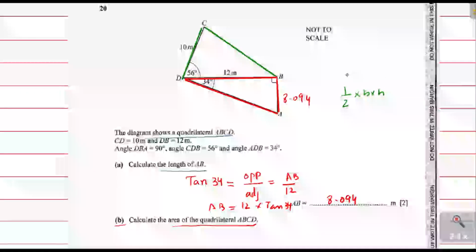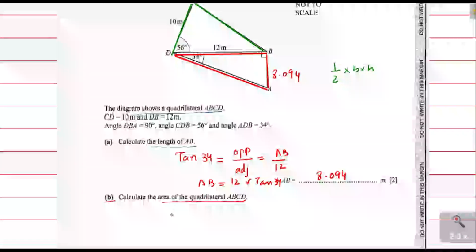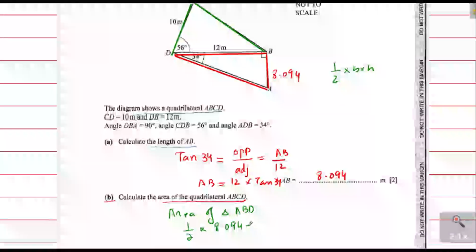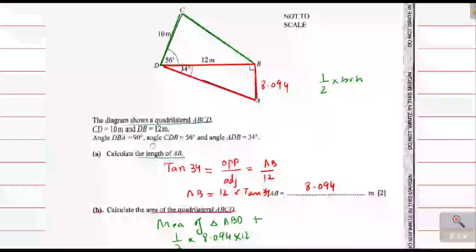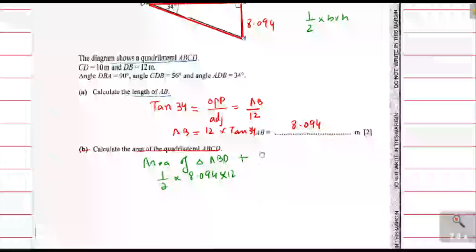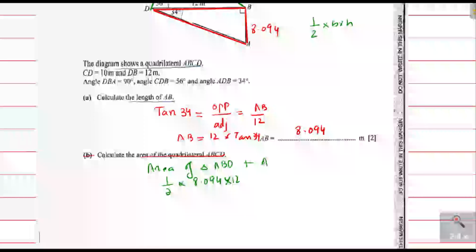This is the area of right angle triangle. And therefore, we can write here area of triangle ABD will be equal to 1 over 2, base length is 8.094 multiplied by 12, plus next area of the triangle is triangle BCD. We write here area of triangle BCD.